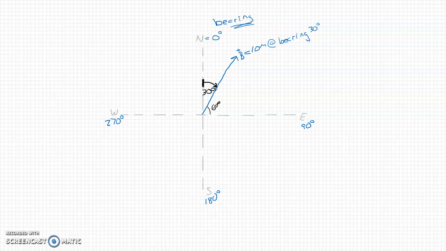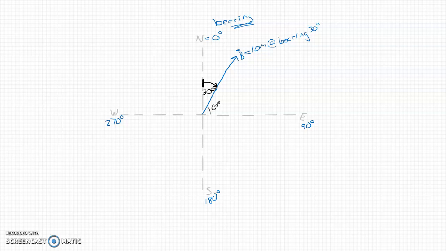Basically, the way this works is you take a look at your vector, and in this case, this vector is 30 degrees. The 30 degrees is right here, and that's going to the east. Notice over here is the east. Here's the north. It's going 30 degrees to the east of the north.